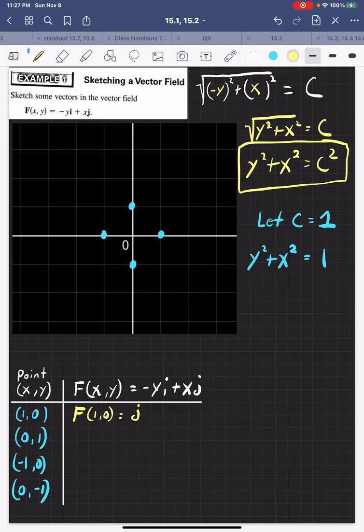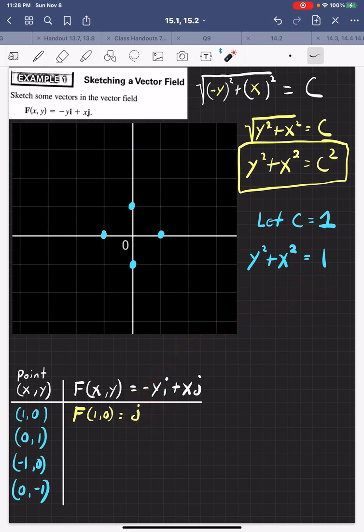All right, so this is what I'm going to expect you to plot. Please understand that you need to give the magnitude as well as the direction. So the magnitude is 1, and the direction is in the j direction.